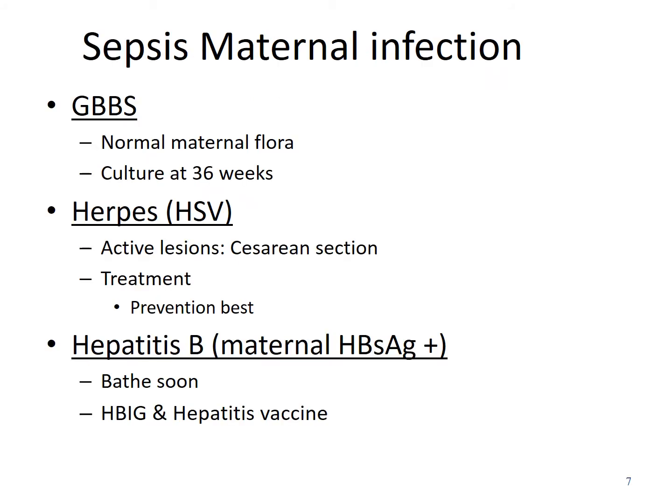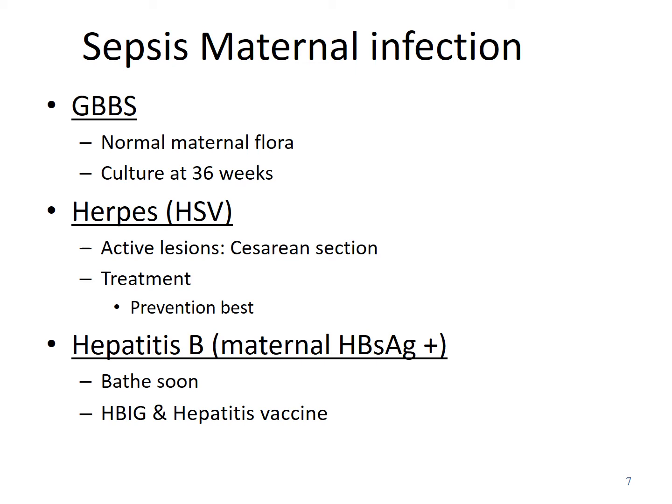Okay, let's take a look at three maternal infections that are significant for our babies. The first one is GBS. The neonates that are at greater risk include those born to a mother that has tested positive for the culture, and especially if she has prolonged rupture of membranes, anything greater than 24 hours.